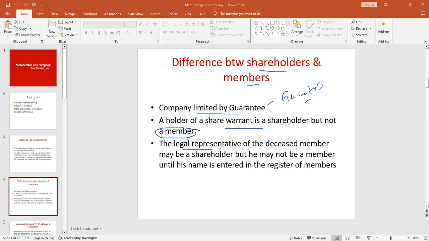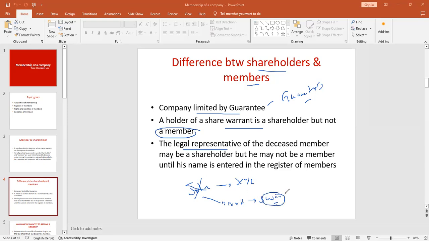Also, a legal representative of a deceased member may be a shareholder, but they may not be a member. So if John bought shares in XYZ, and then John wrote Susan as their next of kin, if John dies, then Susan is the representative.